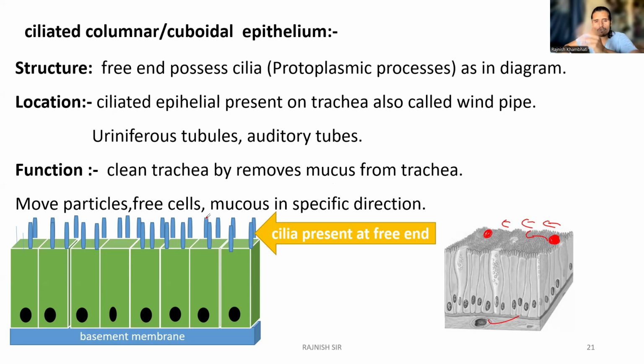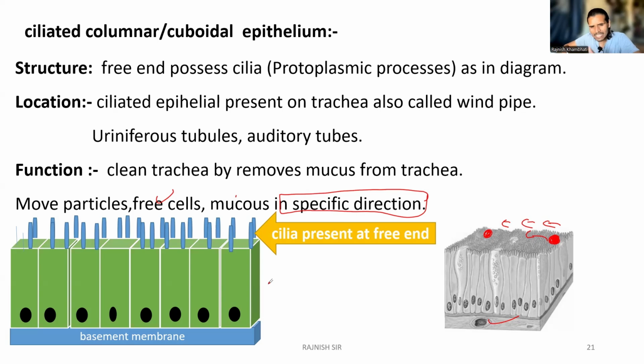Obviously the cilia will move and thrust the particles and the free end mucus in a specific direction, removing the particles in a single direction only, not in any direction.